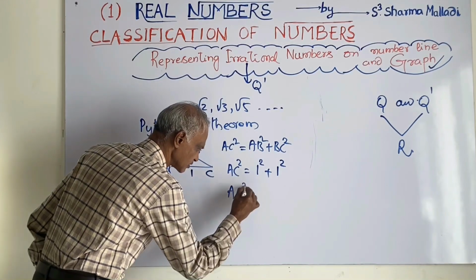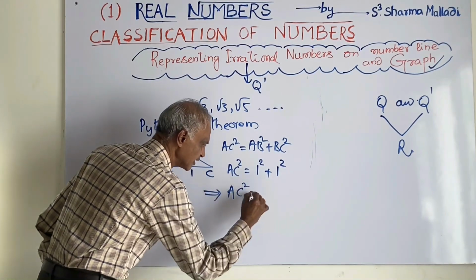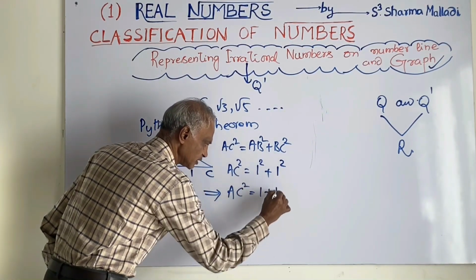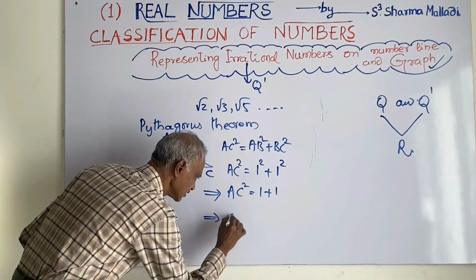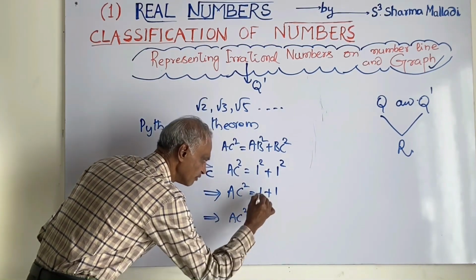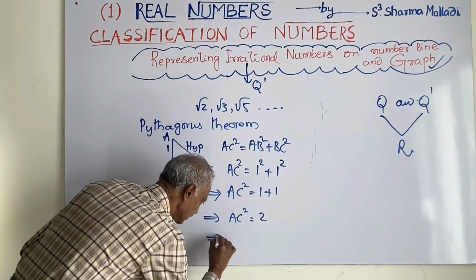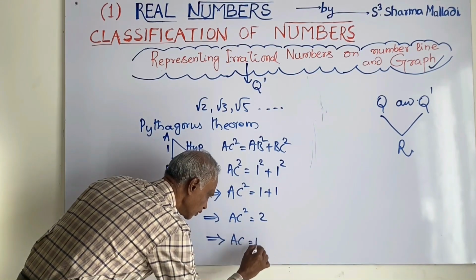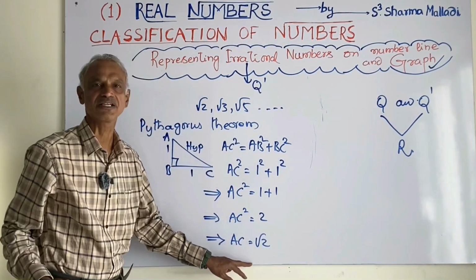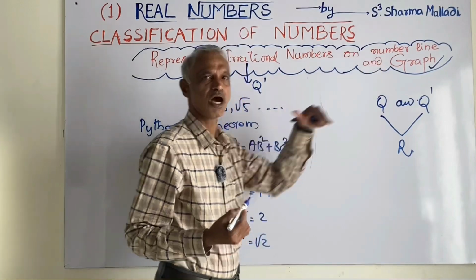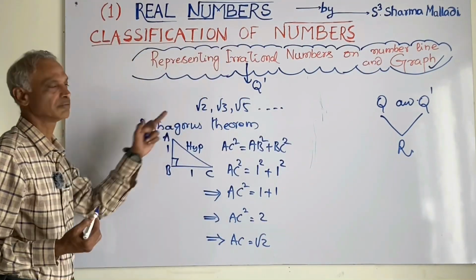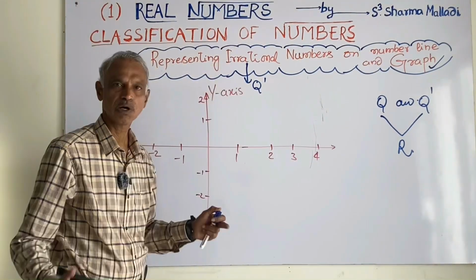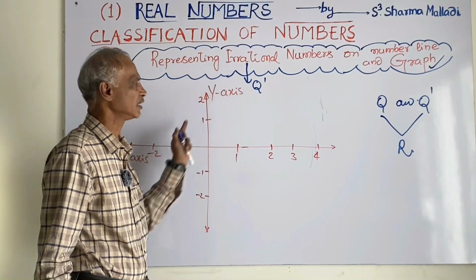So AC square is equal to 1 plus 1, which is 2, and you will get AC is equal to root 2. This is an irrational number. I will show you how to represent irrational numbers on a graph, on a number line.